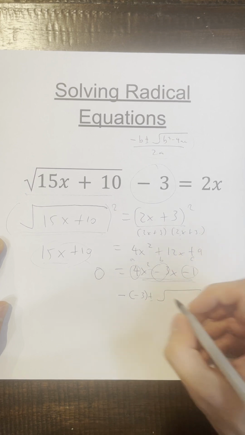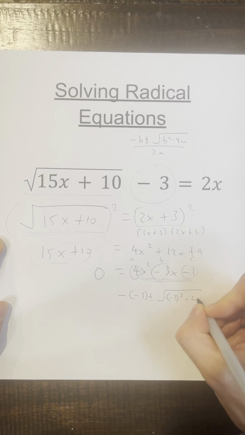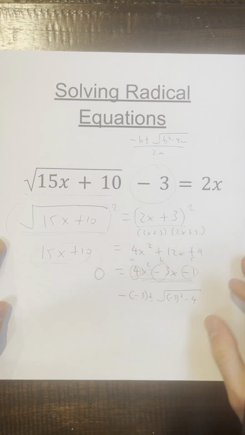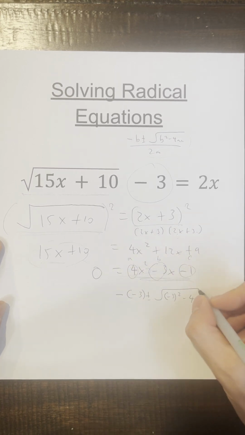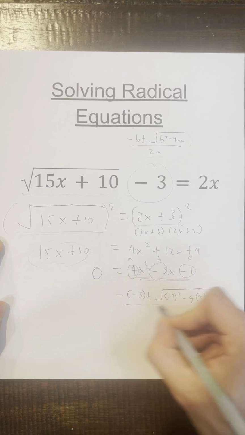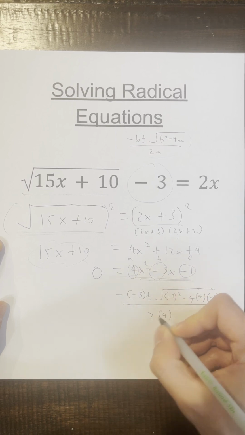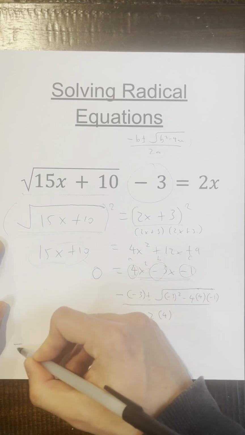So b was how much again? So b squared minus 4 times a, which is how much? 4 times c, which is how much? Negative 1 over 2a. So 2 times 4. Okay.